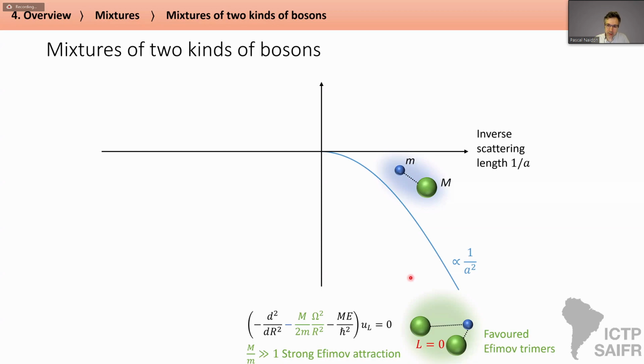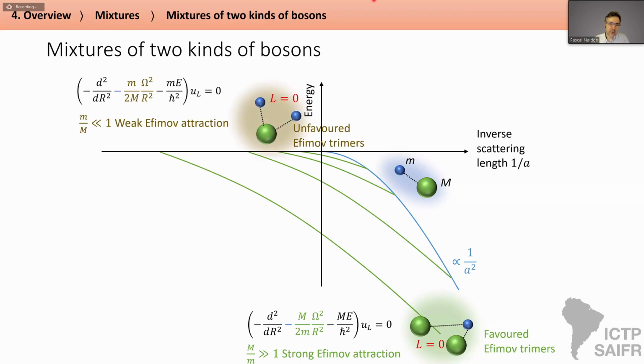So if we consider 2 heavy and 1 light particle, this is the situation that is favorable for the Efimov effect, because the Efimov attraction is actually enhanced by this mass ratio. So we have a strong Efimov attraction, which means we have a high density of 3-body levels, which can be higher than in the case of 3 identical bosons.